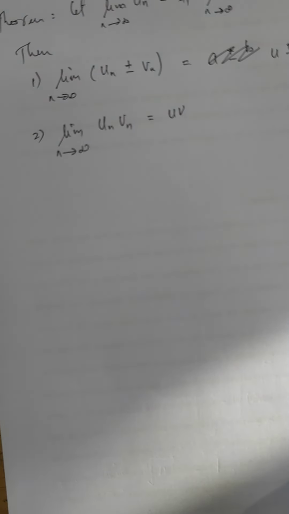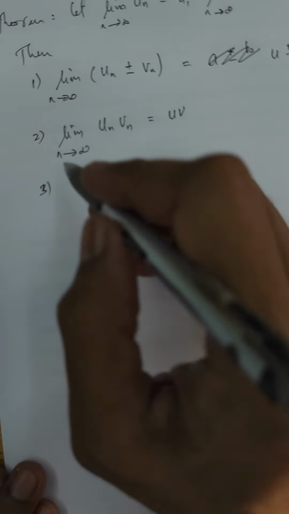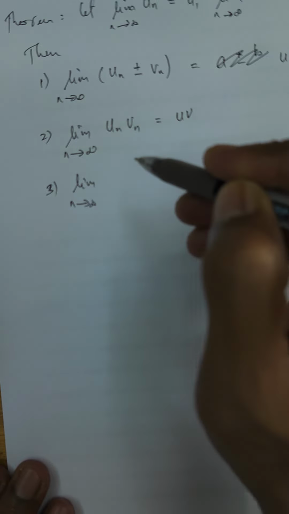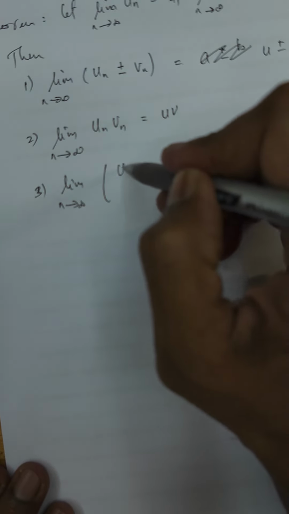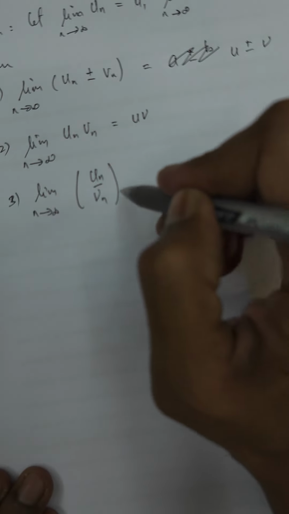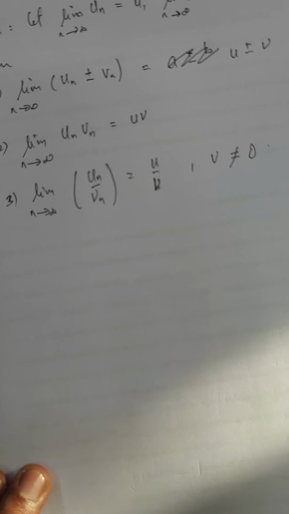And then the third property, that we take the limit as n goes to infinity of un over vn, is equal to u over v, provided that v cannot be 0.